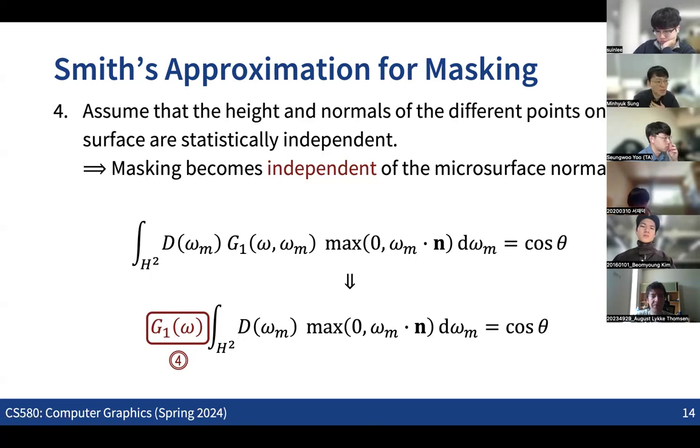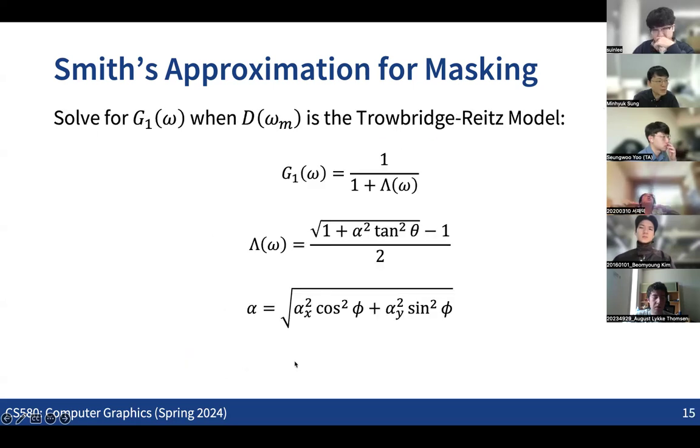And then for each distribution function D here, we can calculate this masking function, the G term. We are not going to work on how to exactly derive those. But as one case, if we take the Trowbridge-Reitz model as the microfacet distribution function D here, then G can be solved like this.